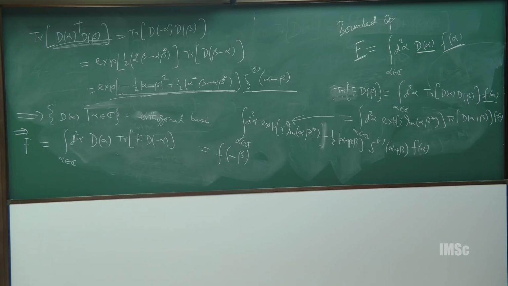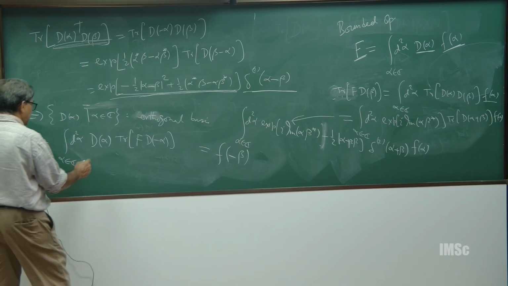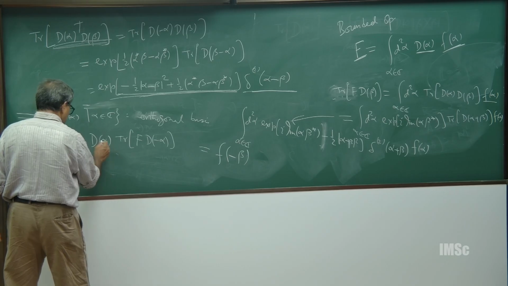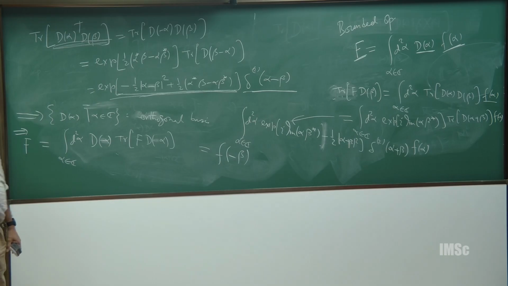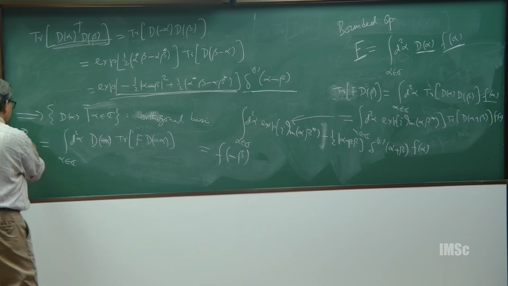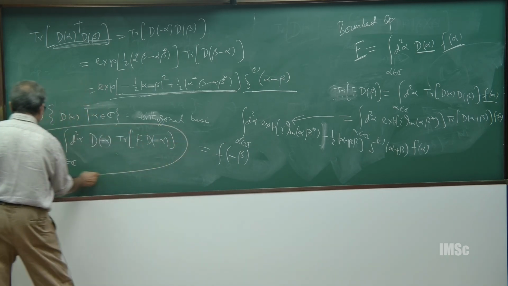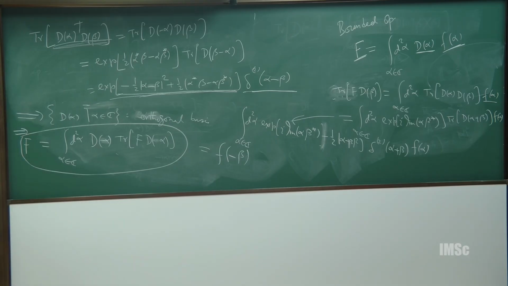Or if you want, you can write it as D of minus alpha and this is D of alpha, same thing. So for any bounded operator, this is what you will see in terms of displacement operators.